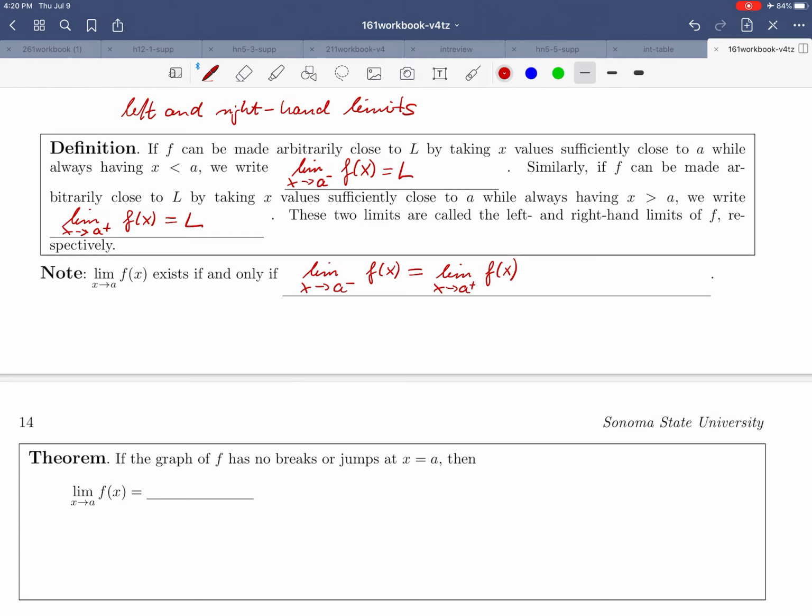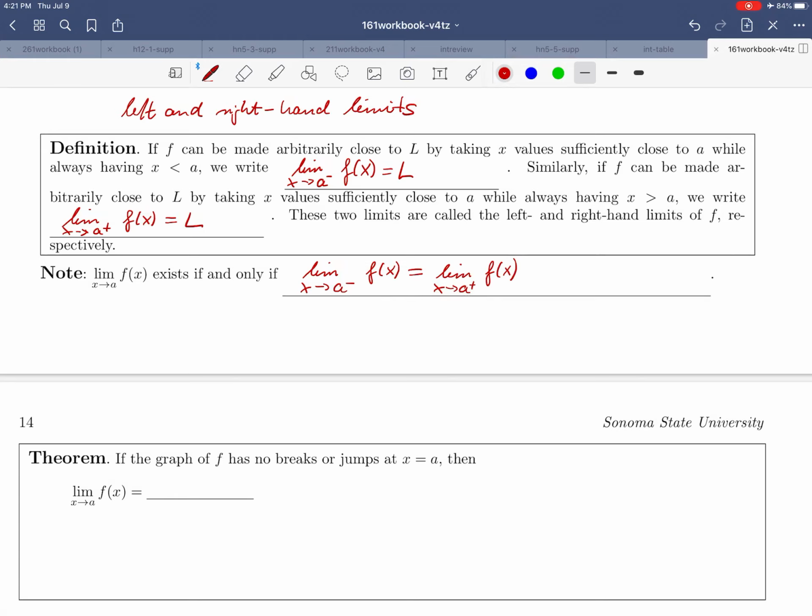So when the left-hand limit and the right-hand limit and the function value all agree at a point, that is pretty special. And that's what we are going to talk about in this theorem on page 14.